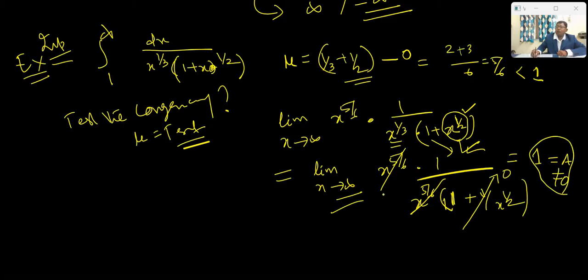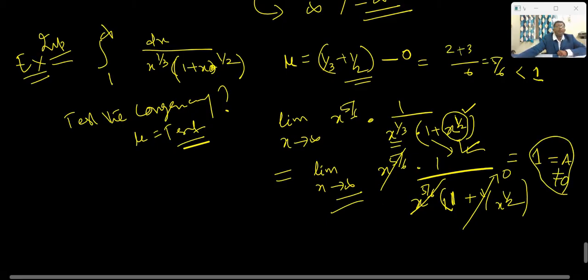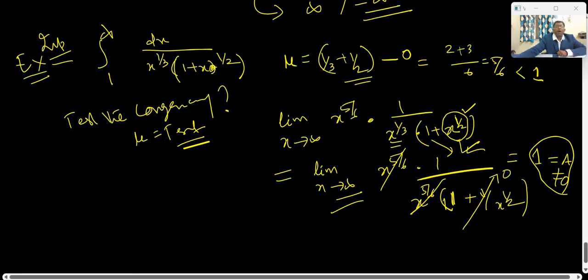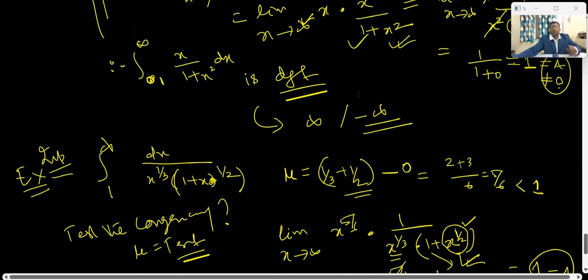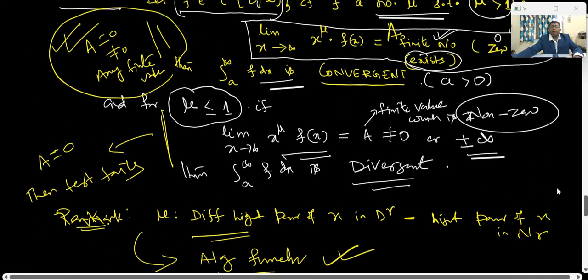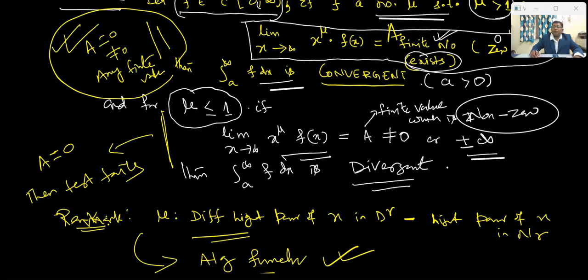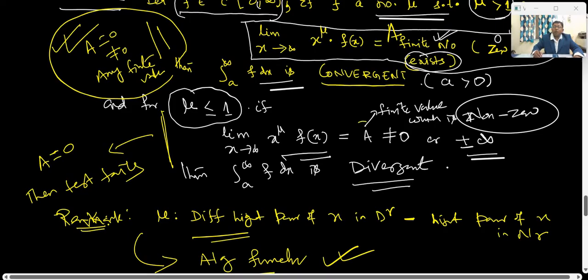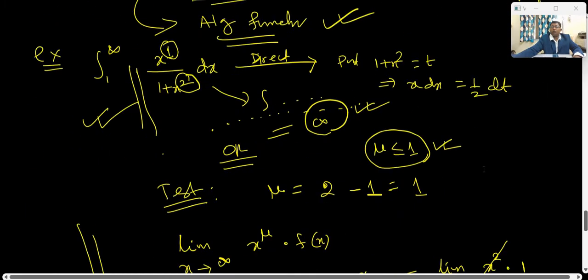Now you come to this test. Thus you see the integral is divergent here. I have told you this a is not equal to 0, and if mu is less than or equal to 1, then this integral is divergent.